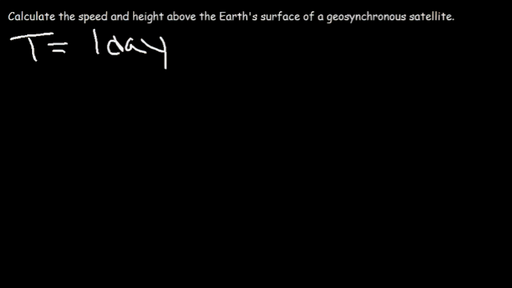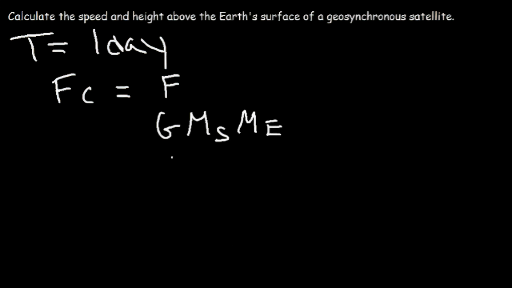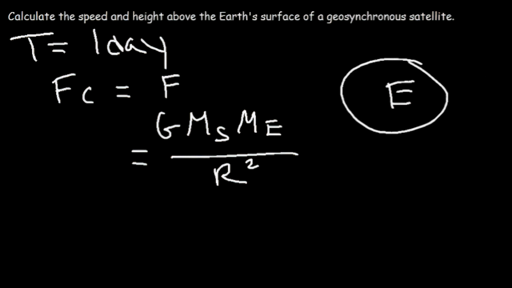So using the equation that we had before, we set the centripetal force equal to the gravitational force. So here we have the gravitational force between the satellite and the Earth, and r represents the distance between the center of the satellite and the center of the Earth. Now, let's say this is the Earth. The satellite revolves around the Earth.